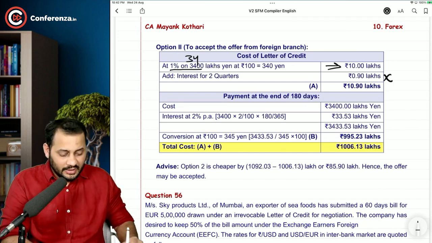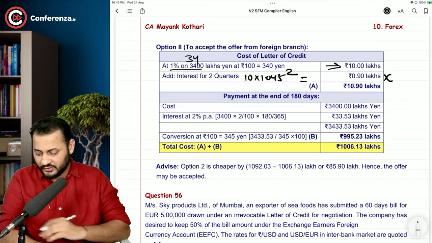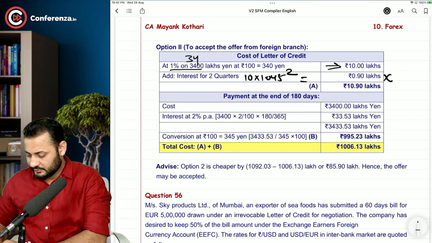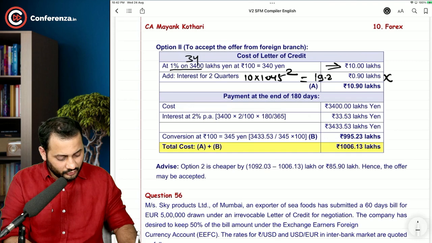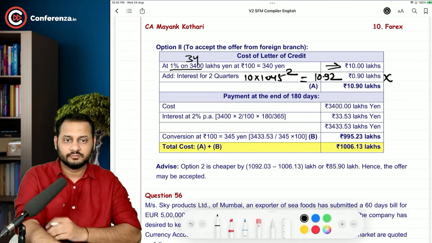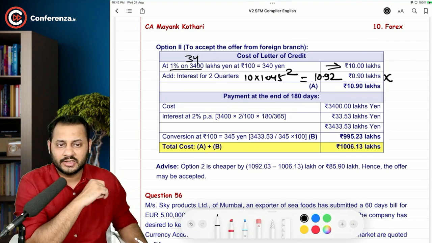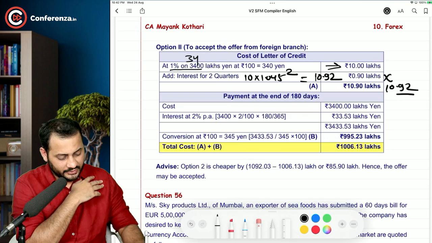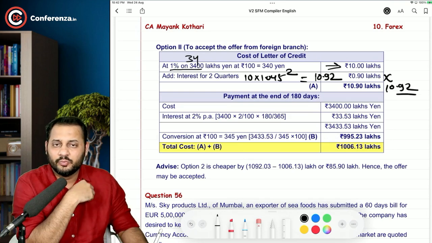If we borrow 10 lakh rupees, we are going to pay 1.045 to the power 2, the answer of which will be 10.92. So what they are doing is they are not compounding here. So 10.92 lakhs will be the outflow. That is the time zero. That is the cost of opening the letter of credit.